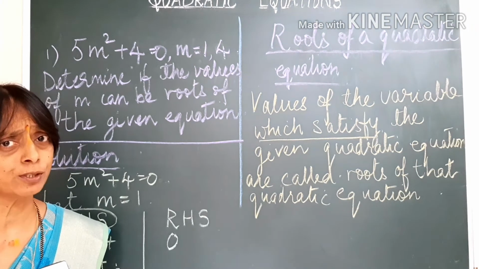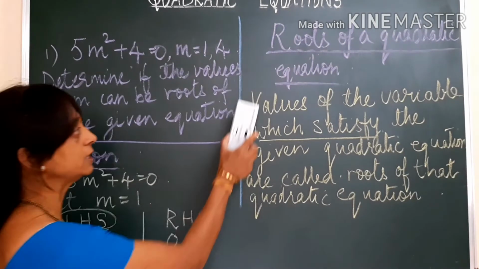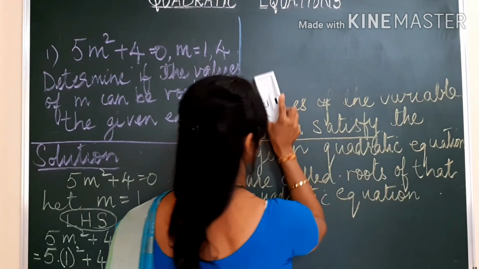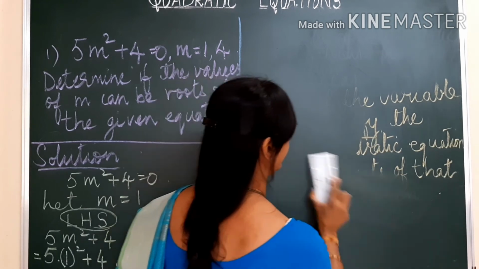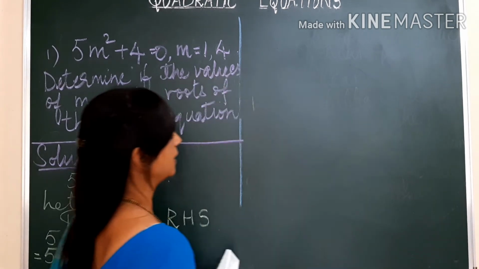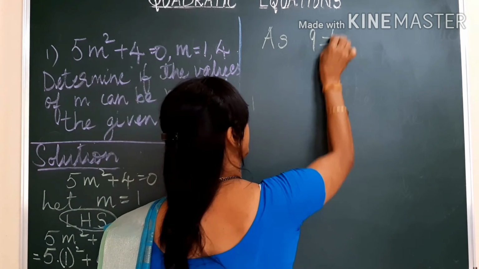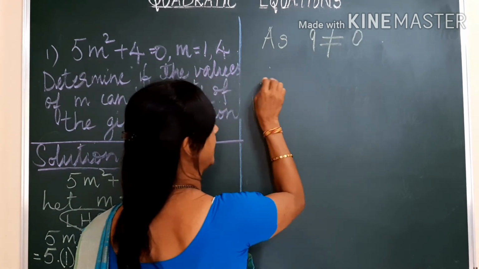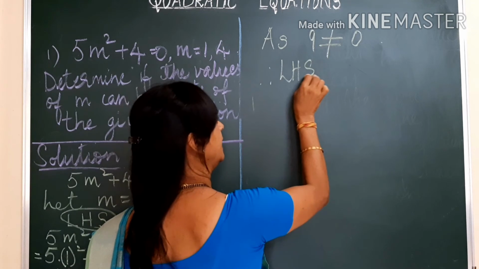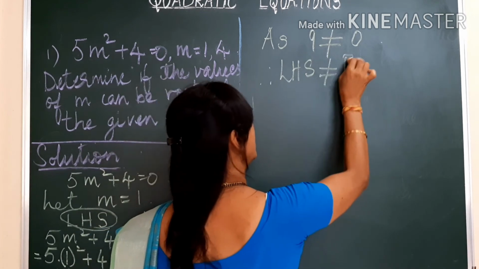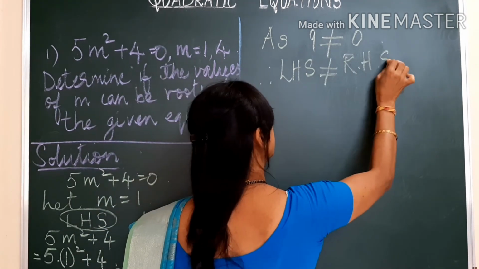Is 9 equal to 0, children? Definitely not. So what do we write? Further, we write that 9 is not equal to 0, therefore left hand side is not equal to your right hand side.